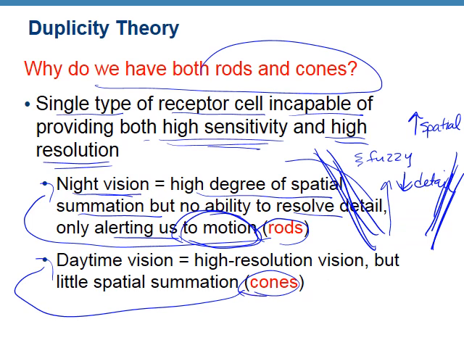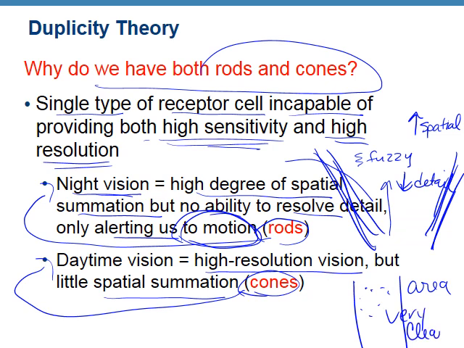So cones are for daytime vision. This says high resolution vision, but little spatial summation. You can see this much area, but you can see all of it very clearly. So this is why we have two different types of receptor cells depending on daytime or nighttime amount of light.